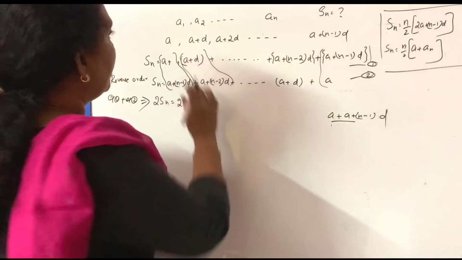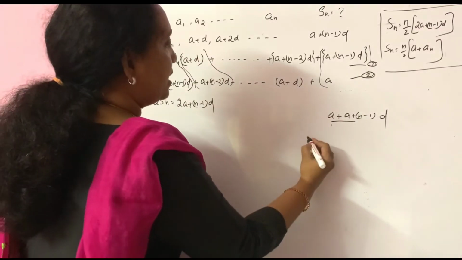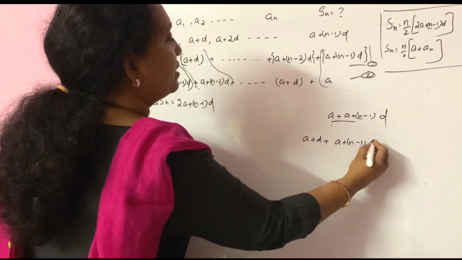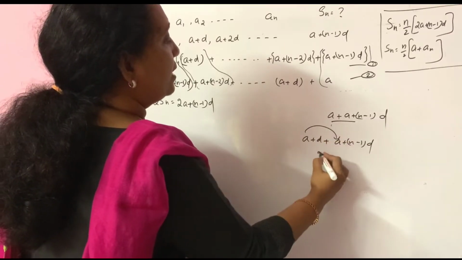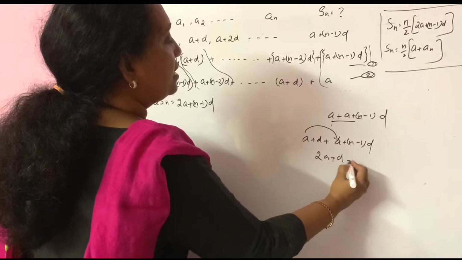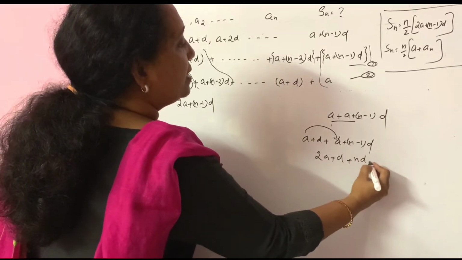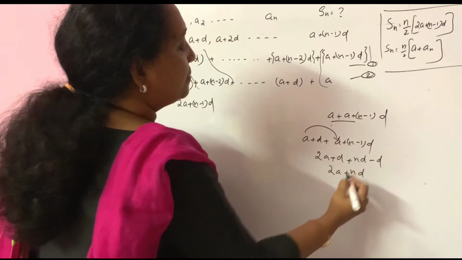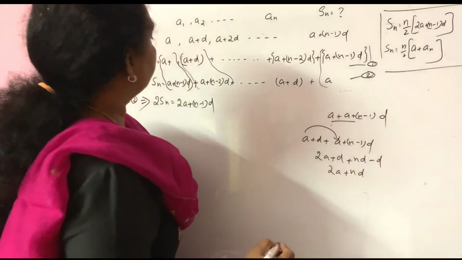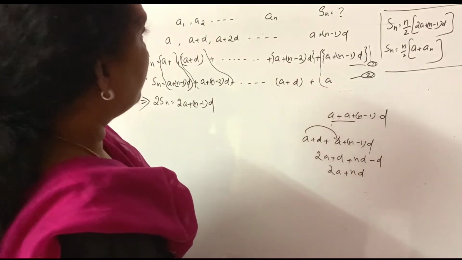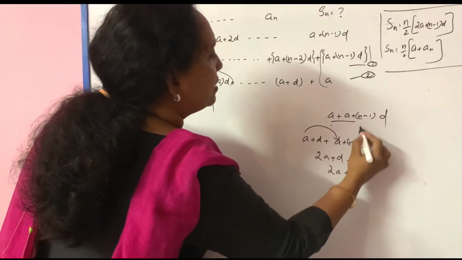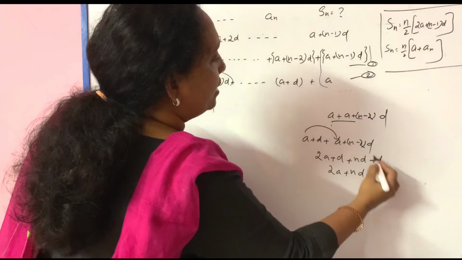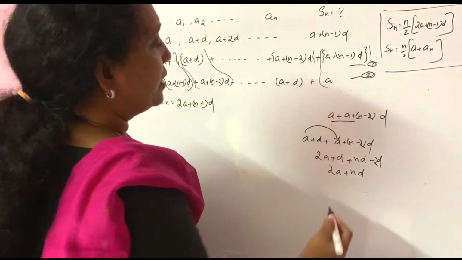And what is this term? This term is a plus d plus a plus n minus 2 into d, sorry, n minus 2 into d. That is 2a plus d plus nd minus 2d.